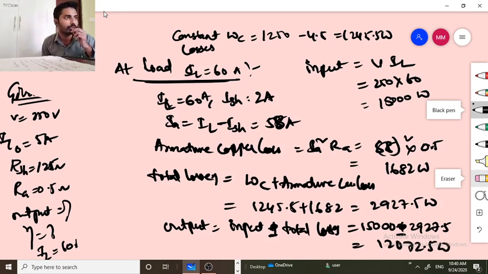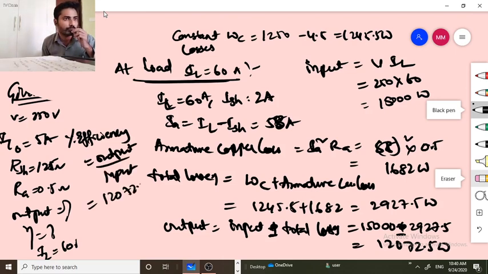So the output and input are given here, so now we need to calculate the efficiency. The percentage efficiency is equals to output by input. So output value is 12072.5 divided by input, which is 15,000, into 100.